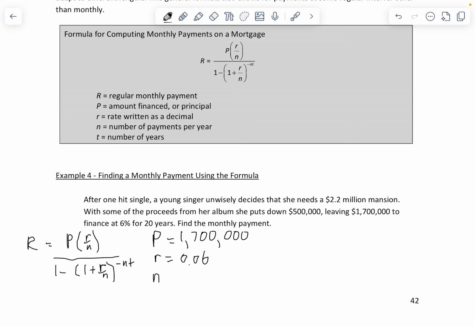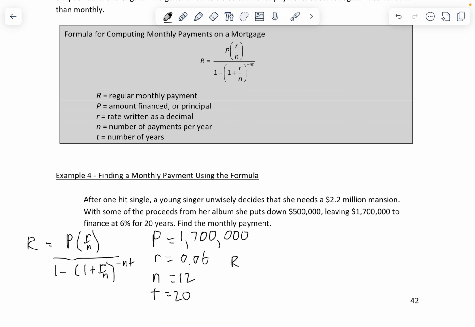We're going to assume that's 12 because typically it's a monthly payment. Find the monthly payment. And then T, it says, for 20 years. So T would be 20, it says right there.